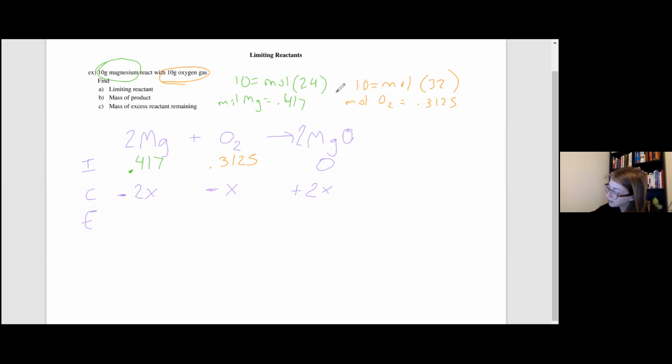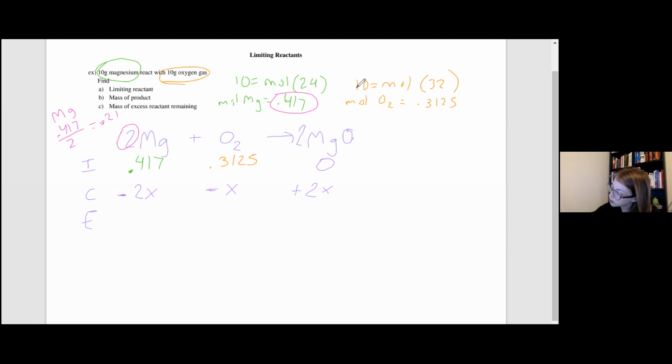Now I actually can go back up top where I have the moles there. I need to take those moles and divide by their coefficients, just not to change anything in my chart, but just to find out which one I'm going to run out of first. So actually, I'll go off to the side. Magnesium, I had 0.417 moles. I have a coefficient of 2. 0.417 divided by 2 gets me 0.21-ish, 0.2085, but whatever.